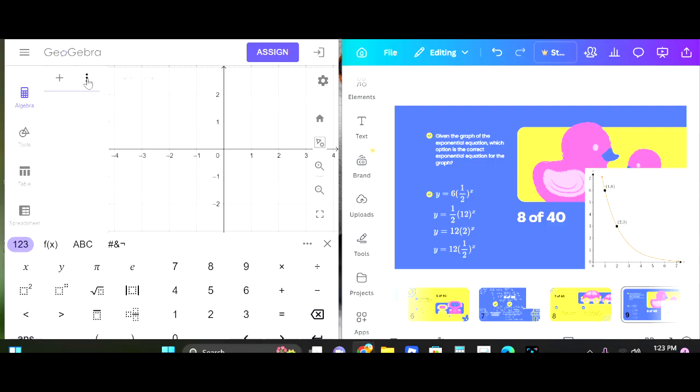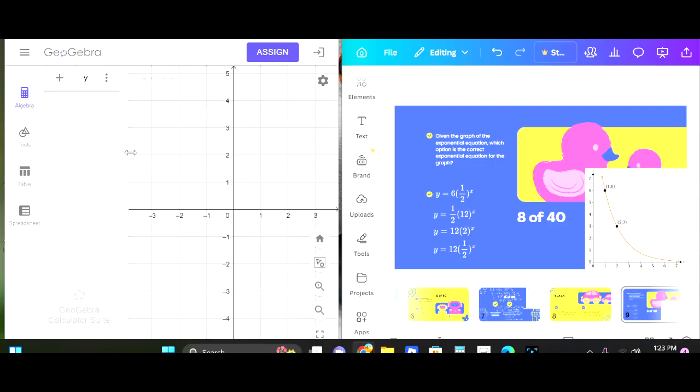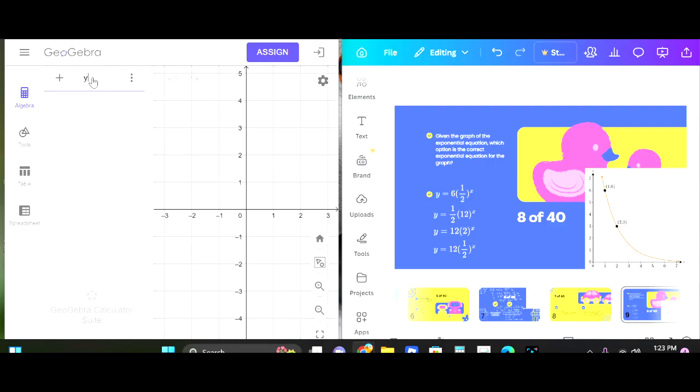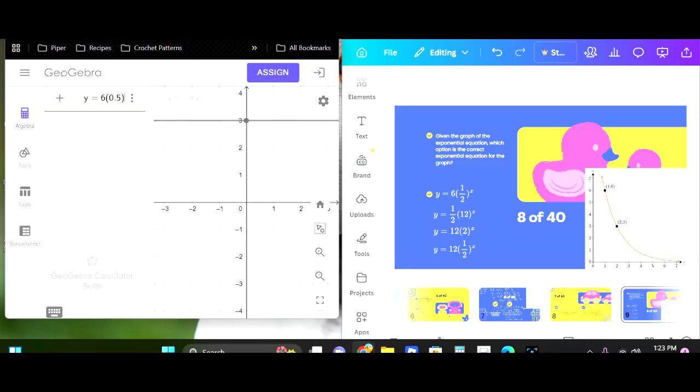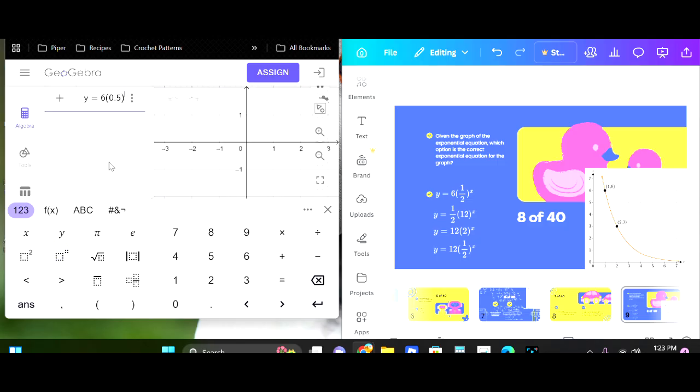So let's go y. I gotta scoot this over. Y is equal to 6 times, it wants 1/2, but all of my tools disappeared, so we'll go 0.5. Raised to the power of x.